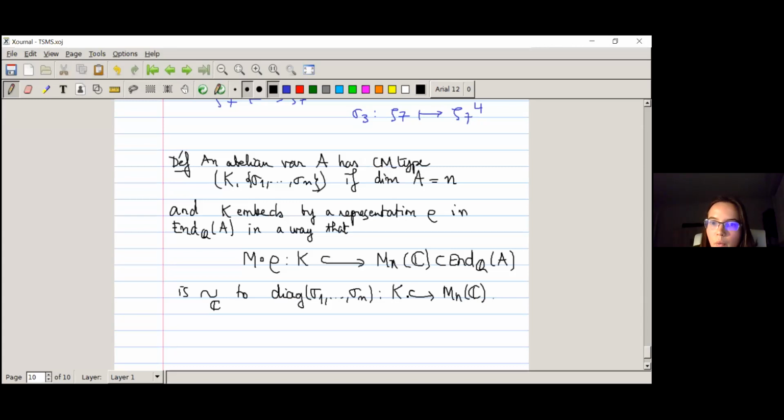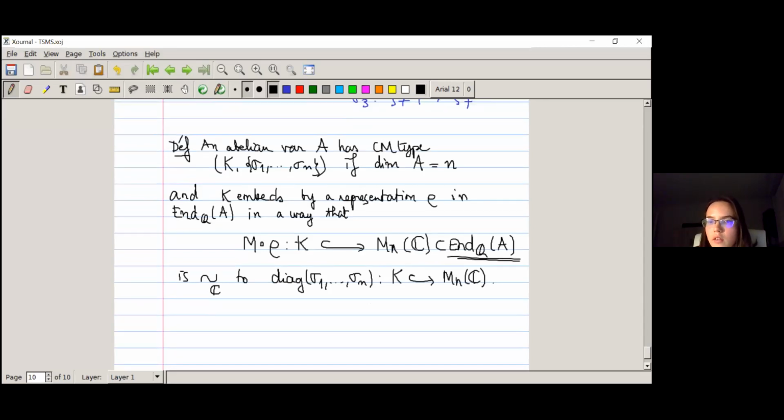So you have one way of embedding K in M and C, and you want this to be the way that K embeds in the endomorphism of your torus.